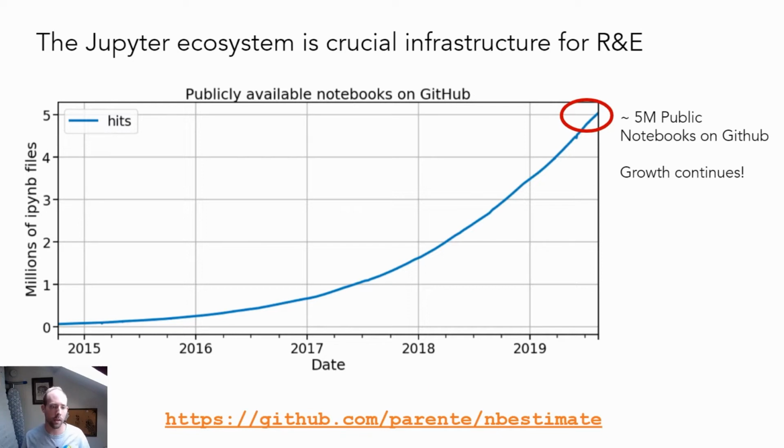So here I'm showing, it's actually significantly higher than this now, but Peter Parente runs a notebook that occasionally analyzes how many IPyNB files or Jupyter notebooks exist on the public repositories in GitHub. And a couple of months ago, we saw that number first hit 5 million public Jupyter notebooks. So you can see that Jupyter notebooks are starting to grow in this kind of exponential way across GitHub and across a variety of other platforms as well.